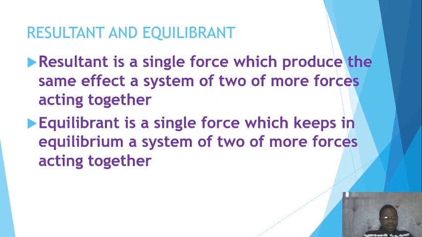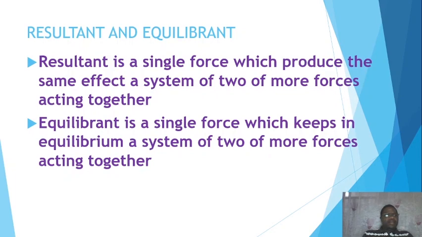If a single load is placed at the other side such that it balances the beam horizontally, that single load is called an equilibrant.